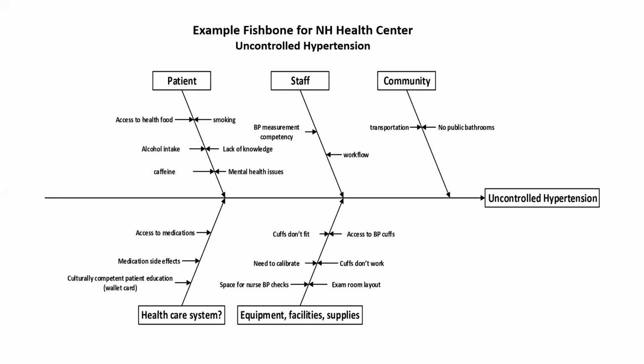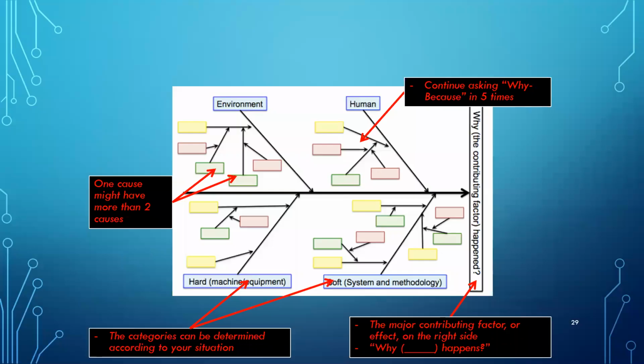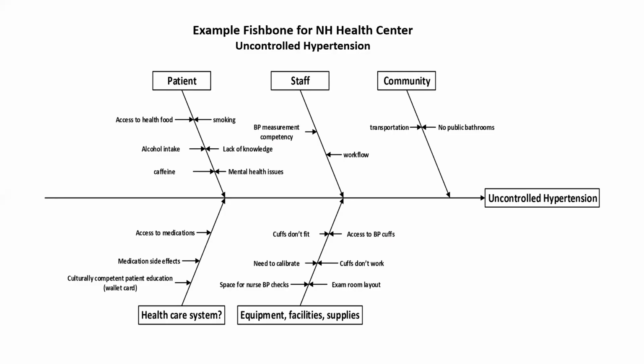And some other small group was working on, well, what are the things that are related to the staff, etc. Here's a good time to point out that you do this on a whiteboard, because you're going to be doing a lot of drawing and erasing and rewriting and moving from one category to another, making room for additional root causes underneath one cause, so that it is a very fluid and active process, and they're actually, I think, a lot of fun.